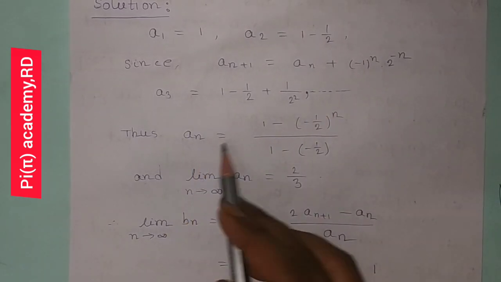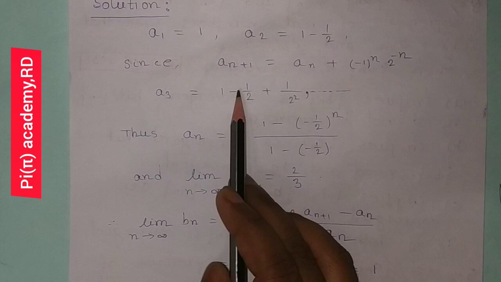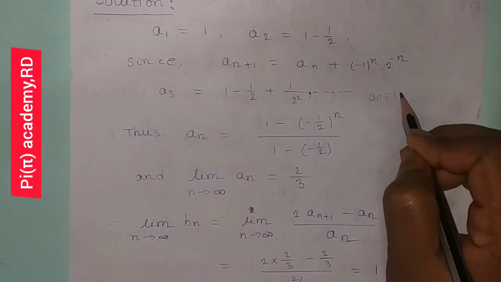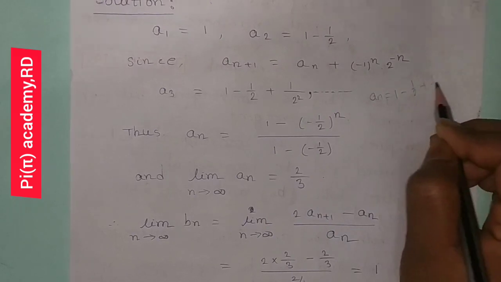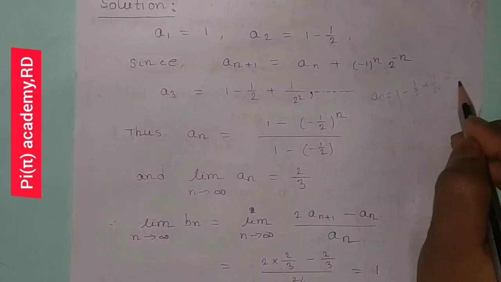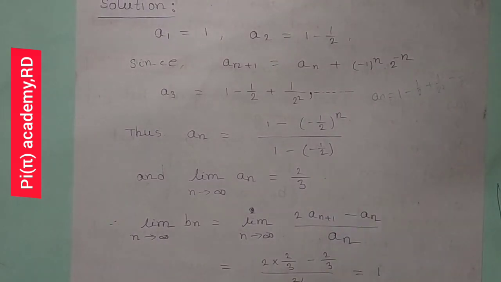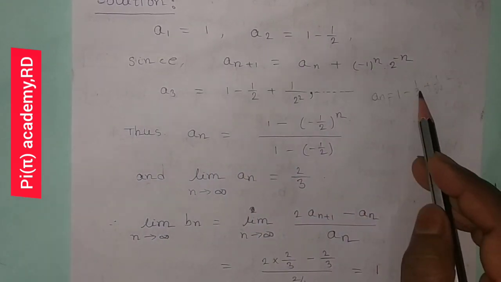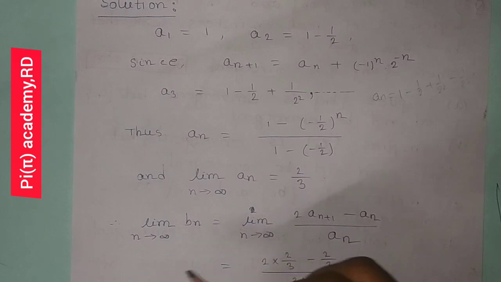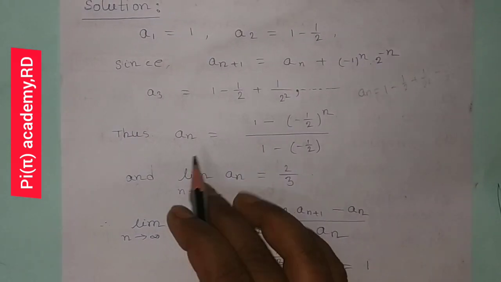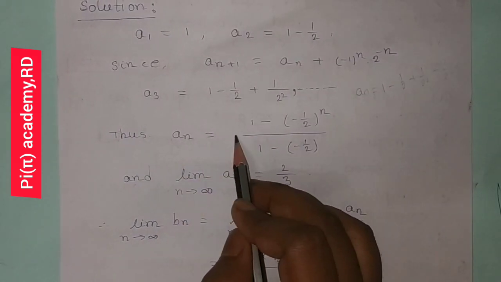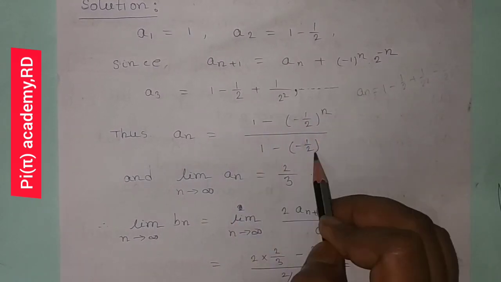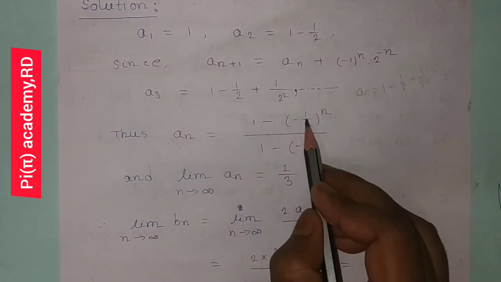Thus a_n will be 1 minus half plus 1 by 2 square minus 1 by 2 cube plus so on. Then this is a GP series with common ratio minus half. The sum of the GP series is a into (1 minus r to the power n) by (1 minus r), here a equal to 1 and r equal to minus half.